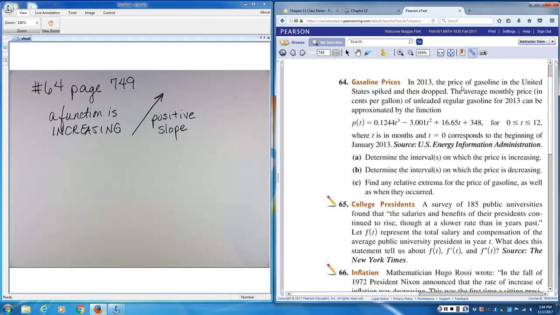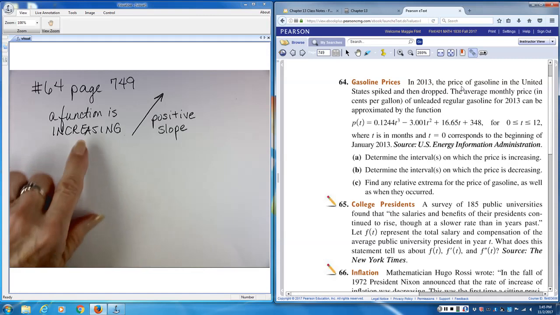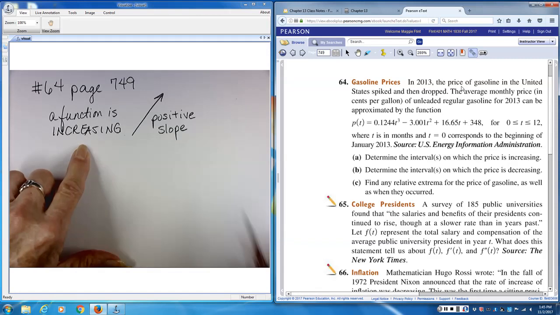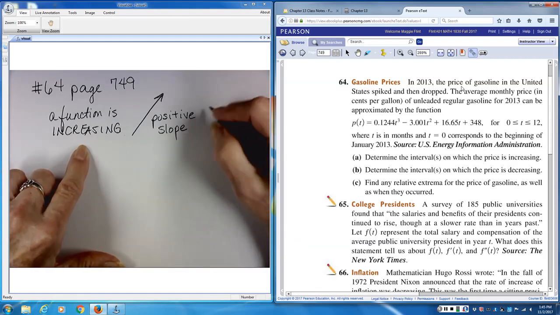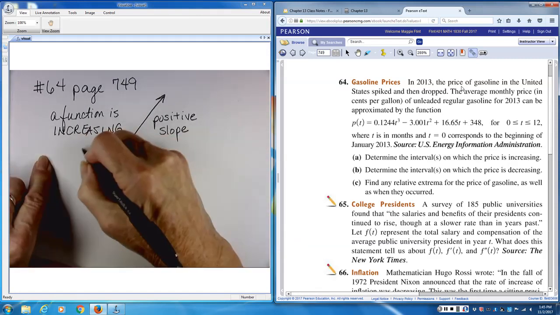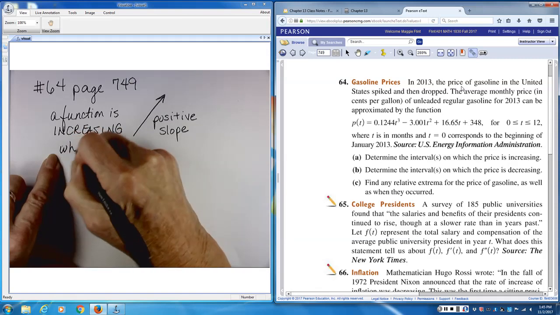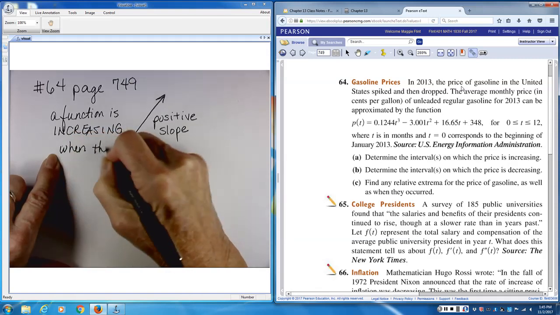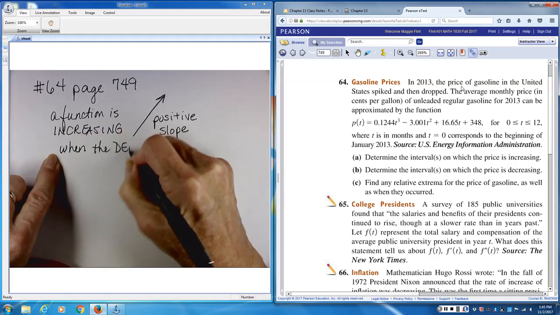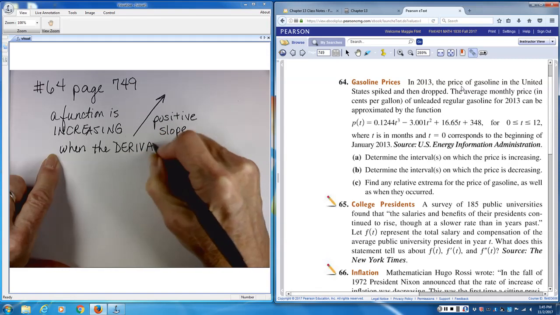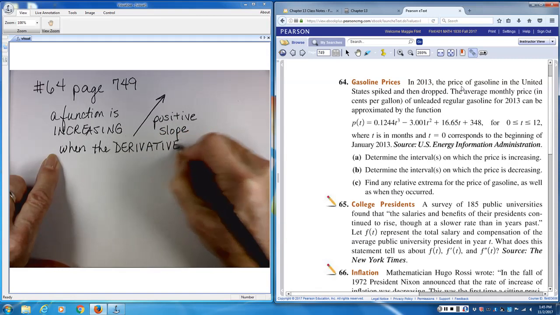It's the same thing, okay? So a function is going to be increasing when its derivative is positive.